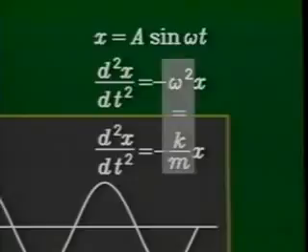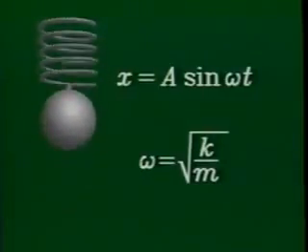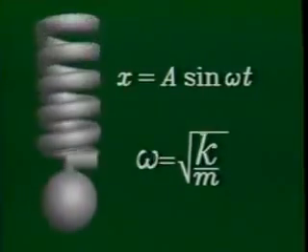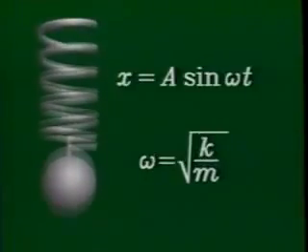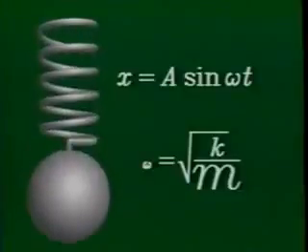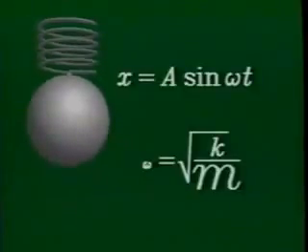The answer is yes, if omega is chosen correctly. For the mass on a spring, the angular frequency is equal to the square root of k over m. The stiffer the spring, the higher the frequency. The greater the mass, the lower the frequency.